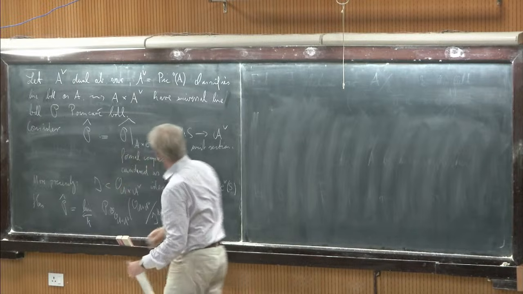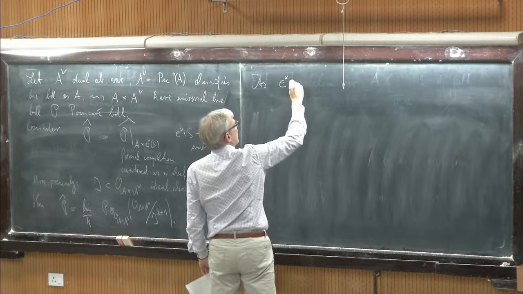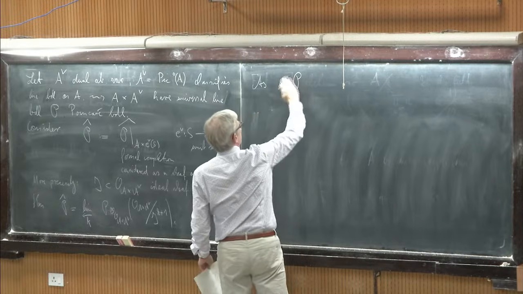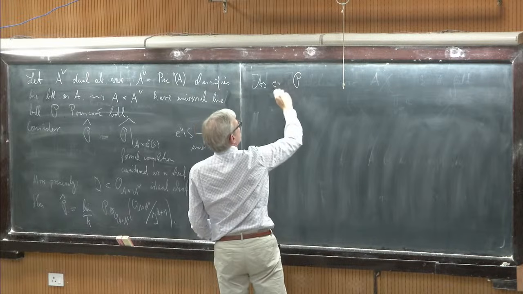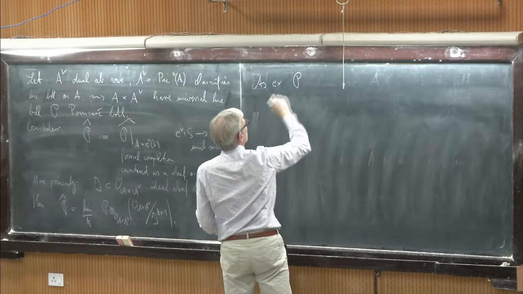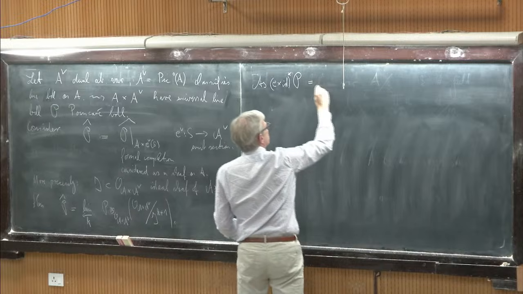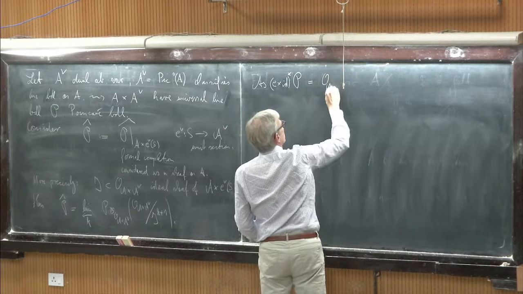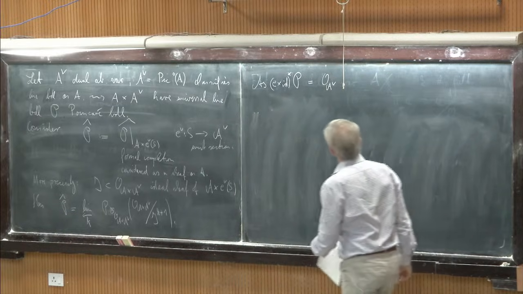So the Poincaré bundle is, as one says, rigidified. So if I pull it back along e times id, this becomes really the structure sheaf. So it's trivialized along the unit section.